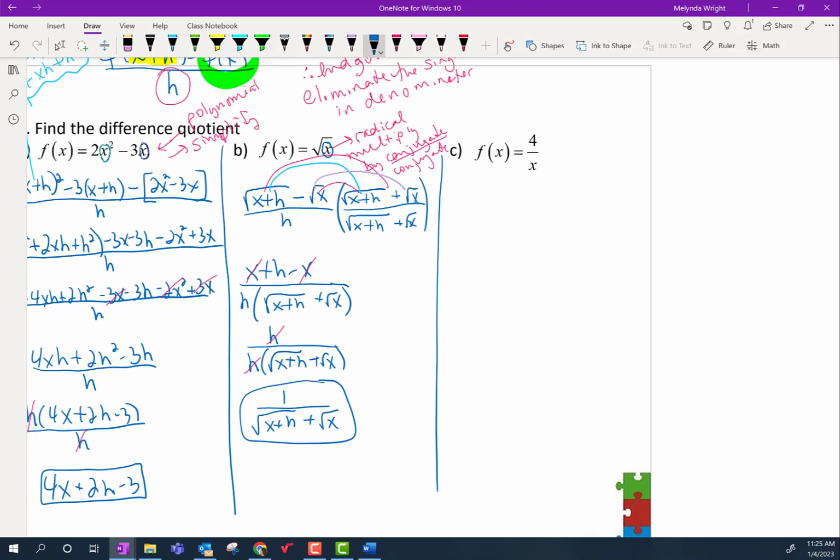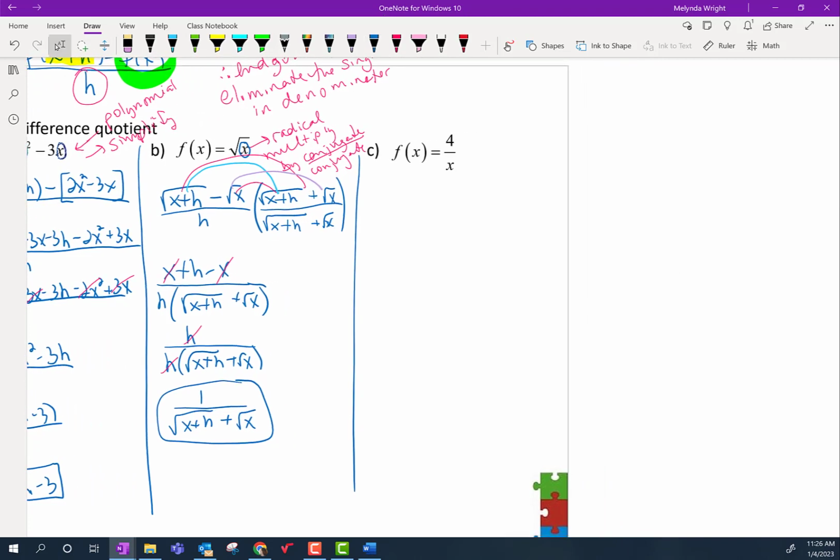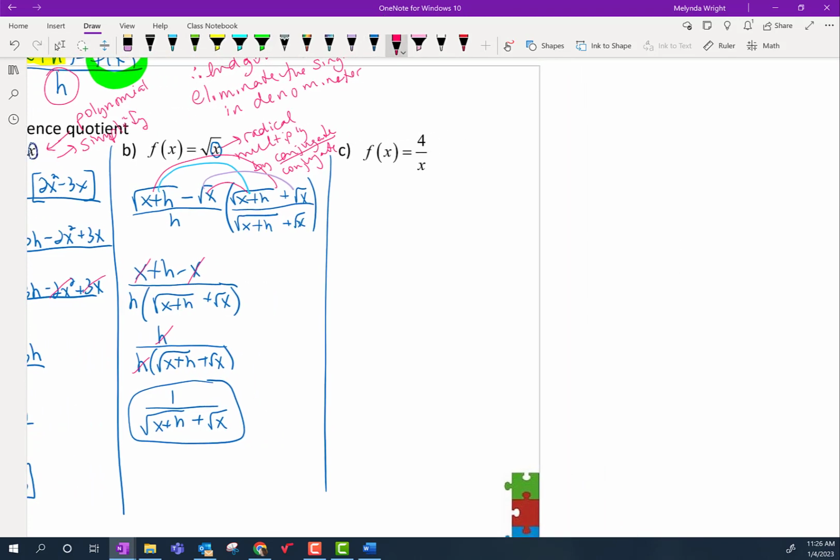Okay, how we doing? See, this is not bad, right? Y'all are like, sure, that's not bad. Okay, let's look at our last one. This type is called a rational equation, and what we're going to do here, every time, is simplify the complex fraction.